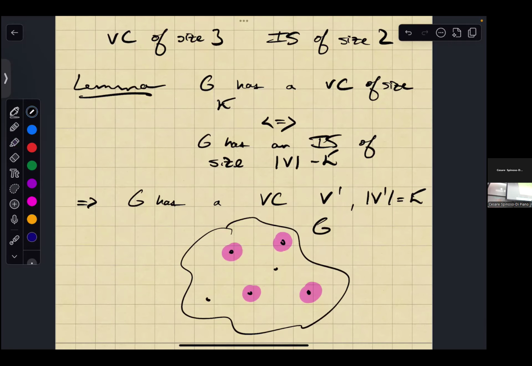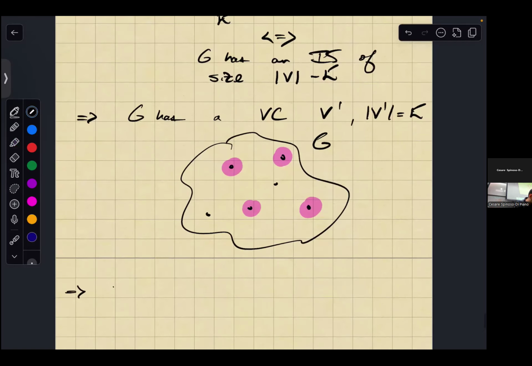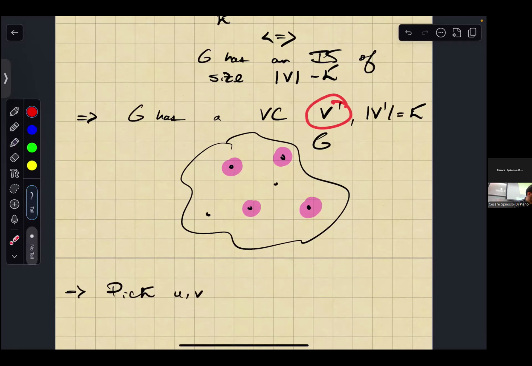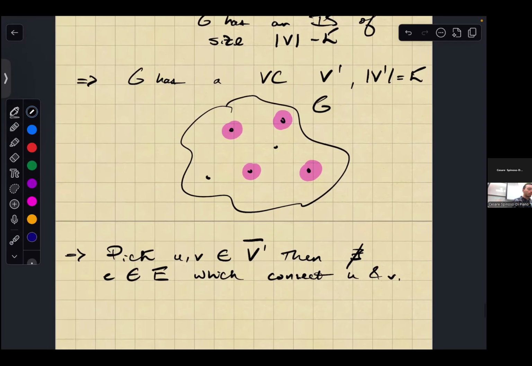Then let me pick two vertices, U and V, which are in V prime complement. Then there cannot exist an edge in the set of edges of the graph which connects U and V. Why?